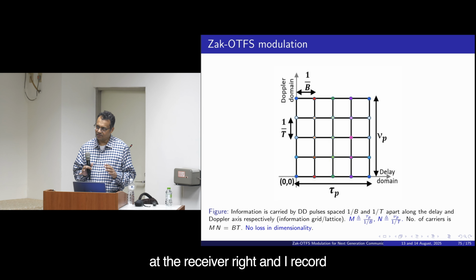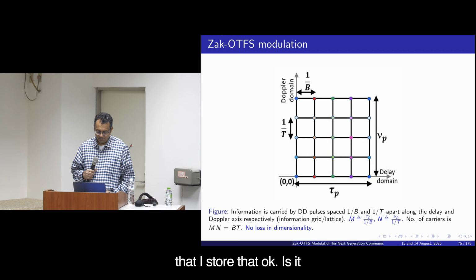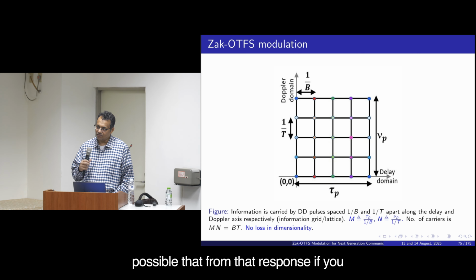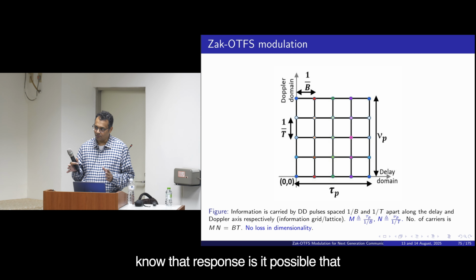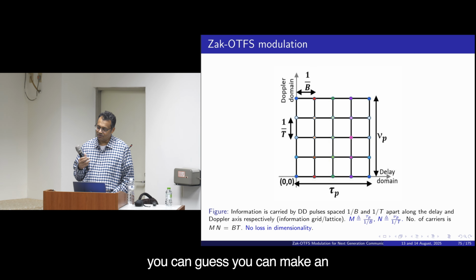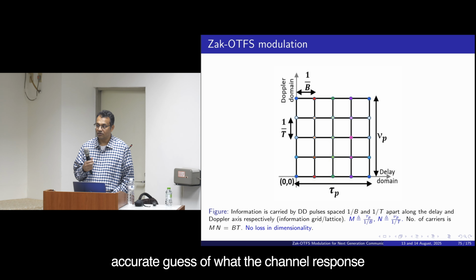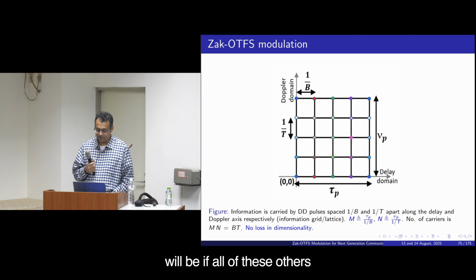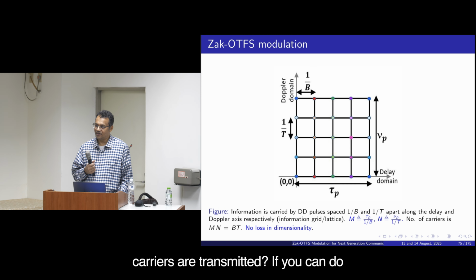And I record that, I store that, okay? If you know that response, is it possible that you can make an accurate guess of what the channel response will be if all of these other carriers are transmitted?